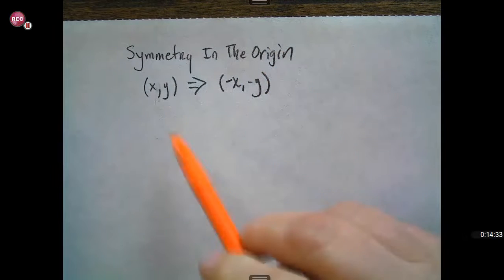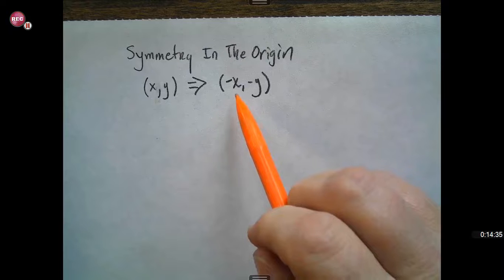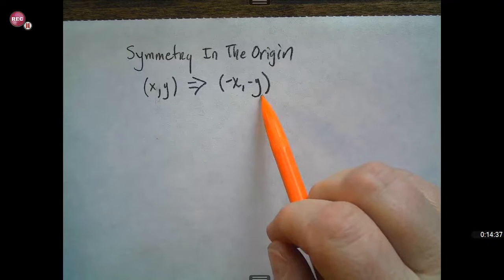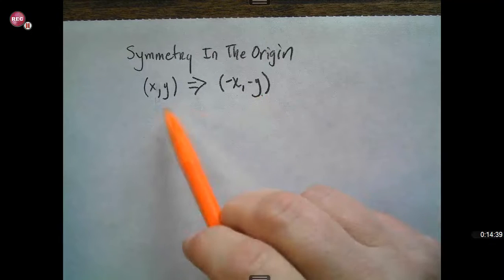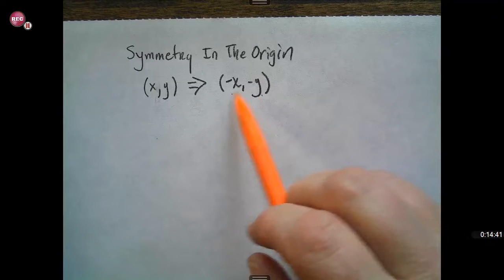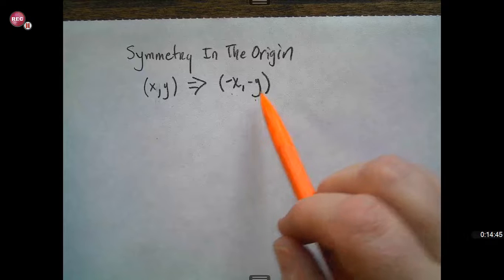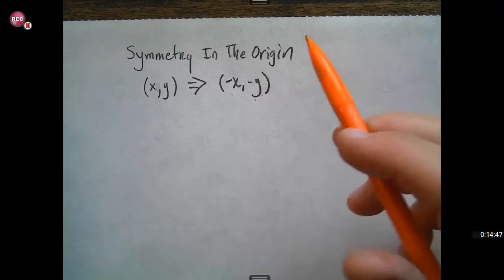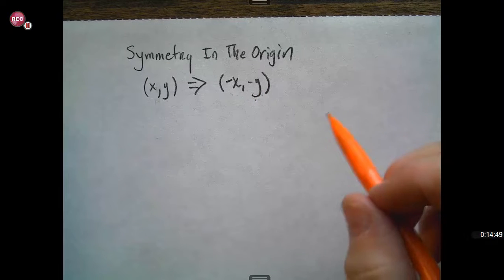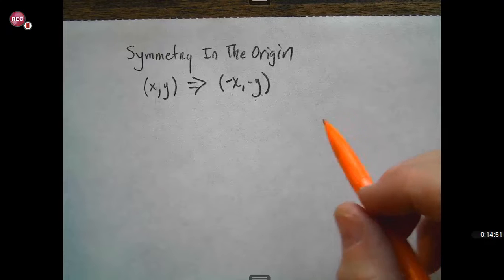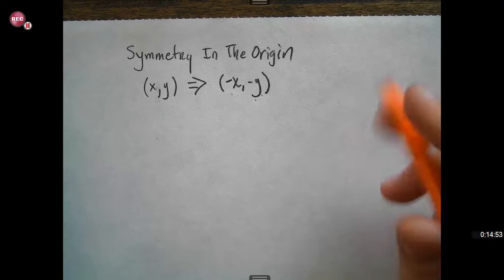Because remember, when xy gets mapped into x, negative y, that's a reflection over the x-axis. And when xy gets mapped into negative x, positive y, that's a reflection in the y-axis. So a reflection about the origin is doing both those things. I'm reflecting it over the x, and then I'm reflecting it over the y-axis.